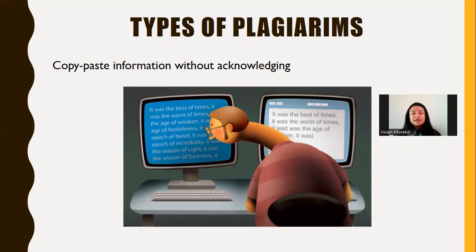First, we have the first type of plagiarism, which is copy and paste information without acknowledging. What is this? As you can see in this picture, it is taking the information from whatever source and copying it exactly from the original one, right? So you just copy and paste and you don't mention where you took the information from.